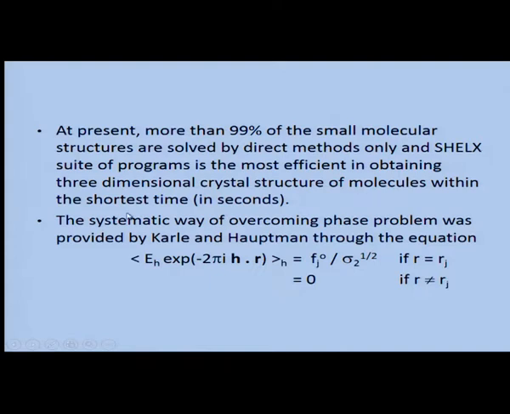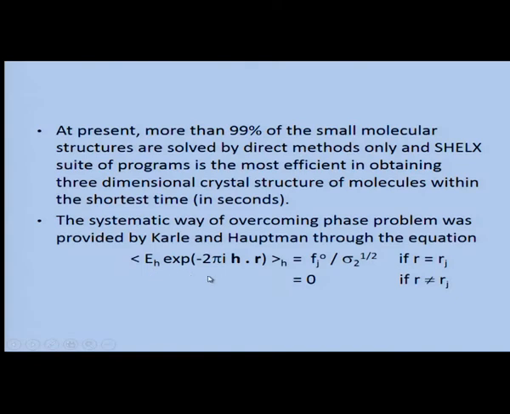Now, the systematic way of overcoming the phase problem was provided by Karle and Hauptman through an equation. The expectation value of the product E_h multiplied by exponent minus 2 pi i h dot r, averaged over h, would be simply f_j naught divided by sigma 2 to the power half. Sigma 2 is nothing but the summation over the square of the atomic scattering factor, summation over f_j squared, j running from 1 to capital N, the total number of atoms in the unit cell.